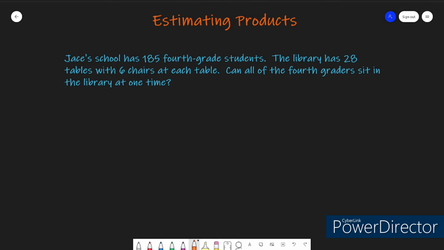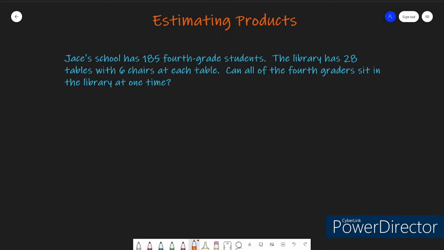So let's take a look at this story problem. Jason's school has 185 fourth grade students. The library has 28 tables and 6 chairs at each table. Can all of the fourth graders sit in the library at one time? So with any word problem, you always want to find the most important information.